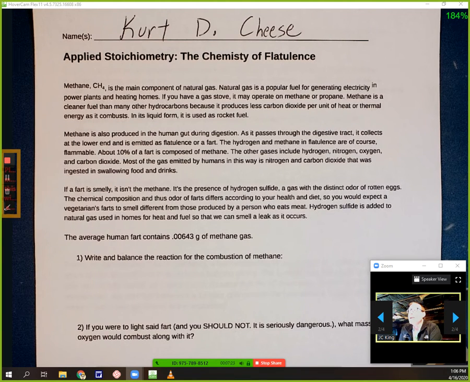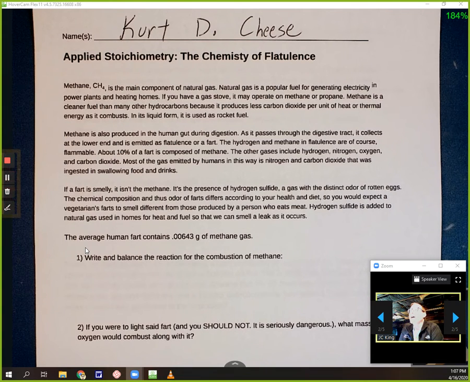When you burn it, it only makes carbon dioxide and water vapor. Methane is also made in the human gut during digestion. So as it passes through your digestive tract, it collects down in the lower end of things, and it gets let out as something called a flatus. Flatus is the sciencey name for a fart.